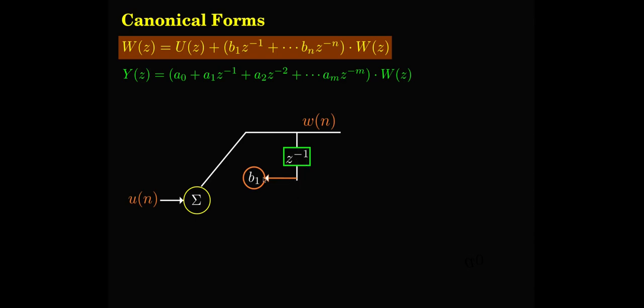I am going to tap off b1, so that z to the power of minus 1 value into b1 I will add here. Then I will put one more, z to the power of minus 2, and b2 will get added up there. So on, I will put n delay blocks. This is the nth delay block, and I will scale it with bn and add it there. So all these orange lines and the input added together will give you w(n).